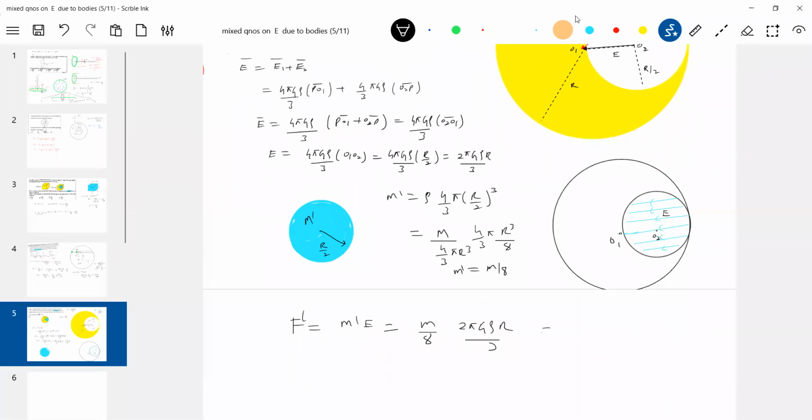What is rho? Substitute all this. This will be M by 8 into 2 pi G R by 3, and what is rho again? M by 4 by 3 pi R cube. Okay, solve this.